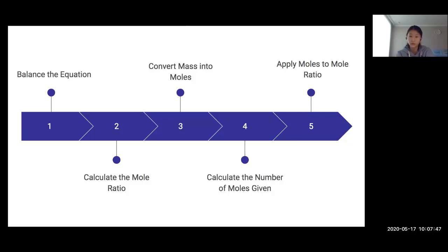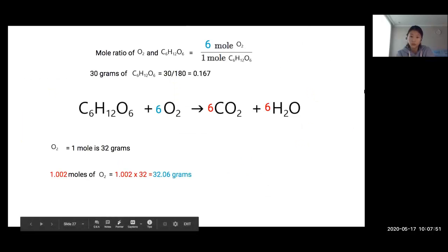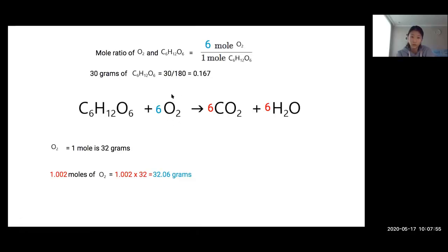Next step is to apply the mole to mole ratio. So we can see that we have a mole ratio of 6 moles of O2 for every C6H12O6, and for O2, 1 mole is always 32 grams. So 30 grams of C6H12O6, as we saw previously, was 0.167 moles.